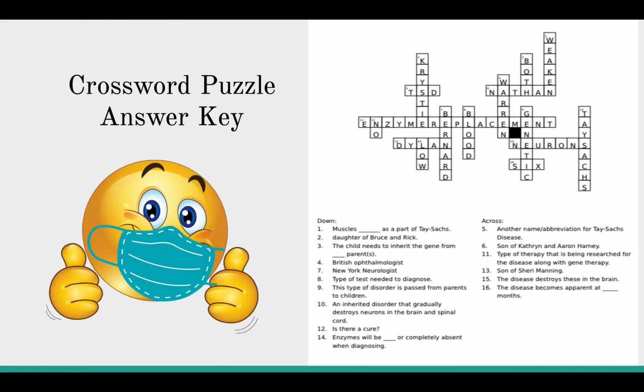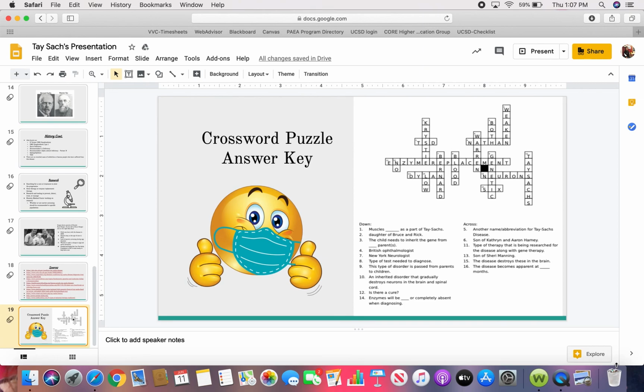And then here's going to be that crossword puzzle answer key. So she did present hers already to you, and she most likely showed you this already, but I'll show you one more time at the end of mine since she turned hers in before mine, and you can check to see how you did. So we will escape out of this.